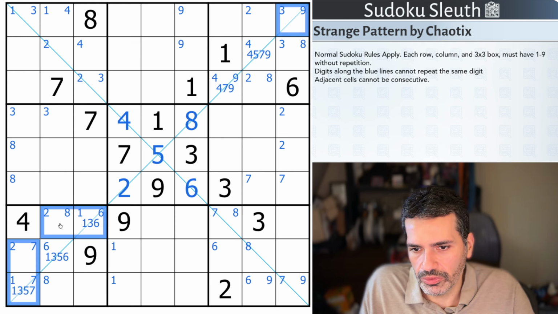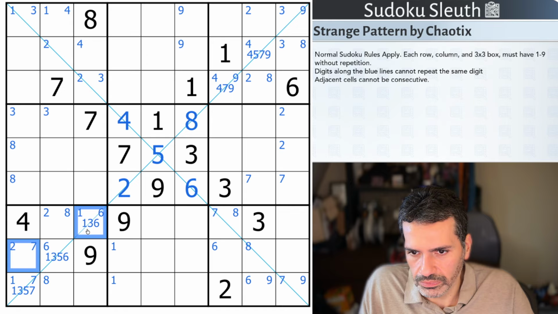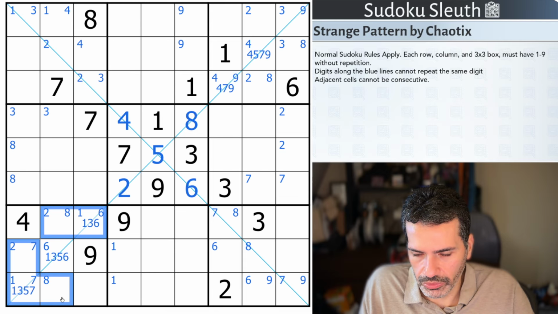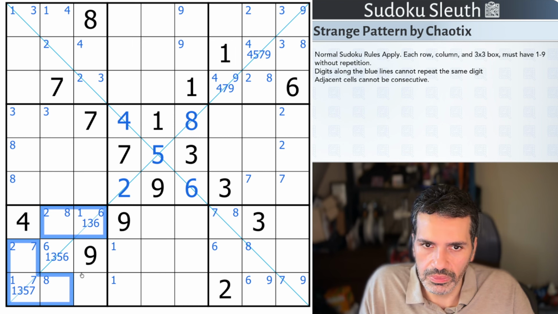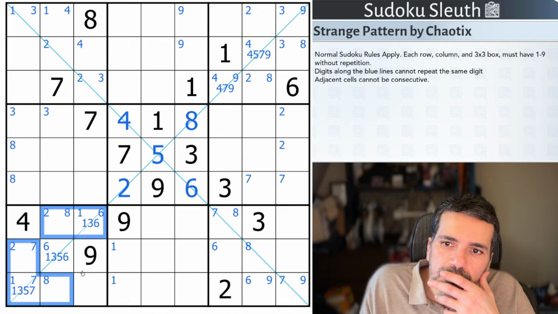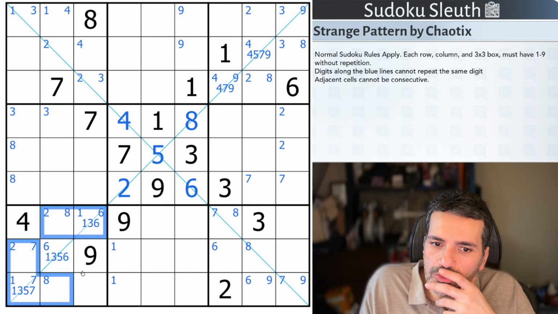This would have to be the 8. So just 2, 1, 7, 8. And then I have 3, 5, 6. So I would have to have the 3 in here to separate the 5 and the 6. Which is all fine. No, there's no doubt I'm missing something more obvious.